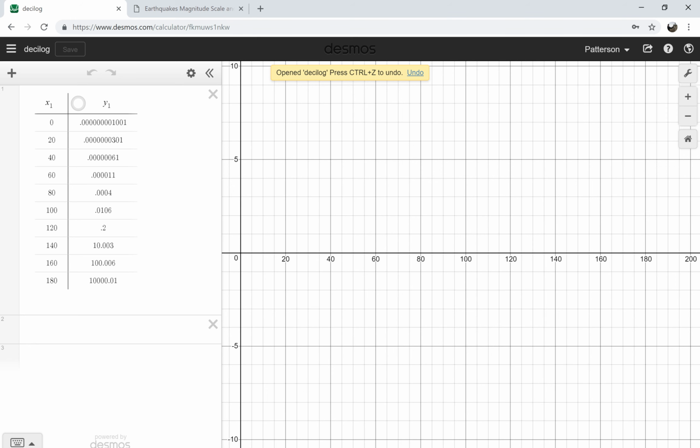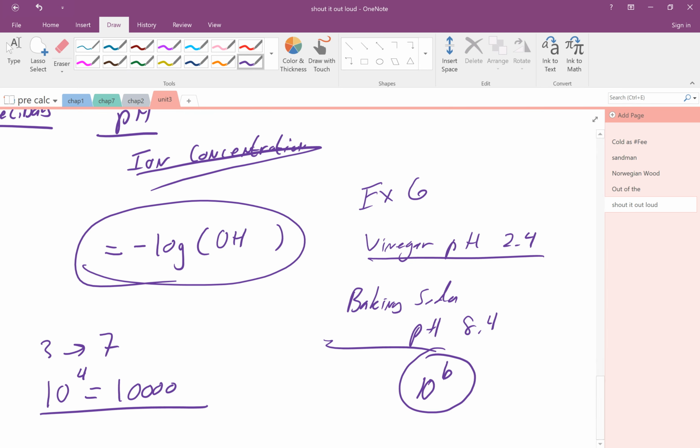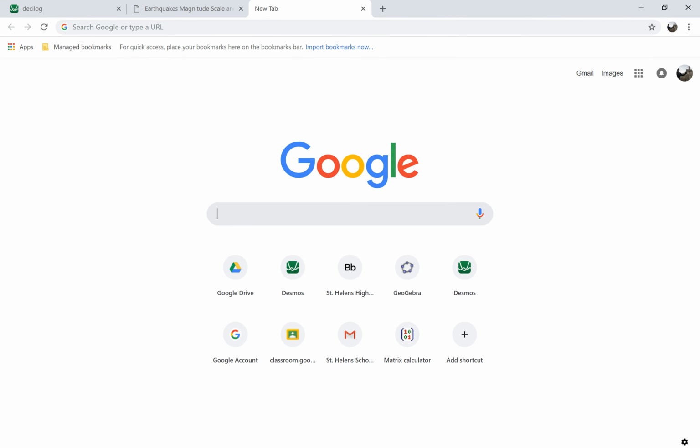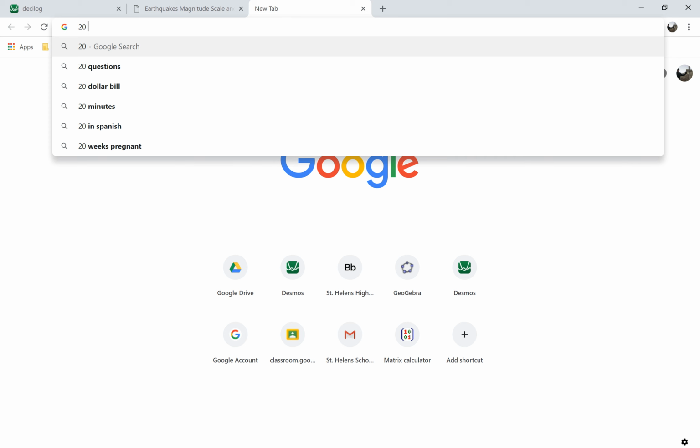On the x1, those are decibels, and y1 is the intensity of decibels in someone's ear. I'm not sure what the units are, but you can see at 0 decibels there's not a whole lot of intensity. And at 20 decibels, which is really, really soft, if you look that up, you can see what that is. So 20 decibels. Let's look that up.